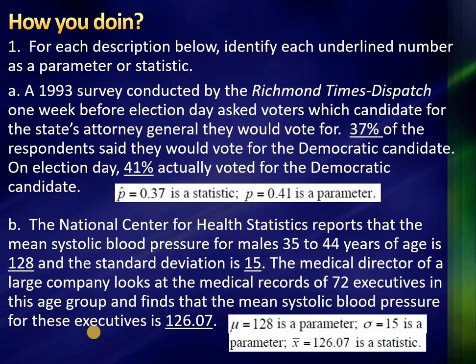So when we're talking about parameters, mu is your average. 128 was mu. That lowercase sigma was also a parameter, standard deviation. And then x bar, or y bar, or whatever you wanted to use there. Maybe you used b bar for blood pressure, or p bar for pressure, whatever. That's what we're looking at.